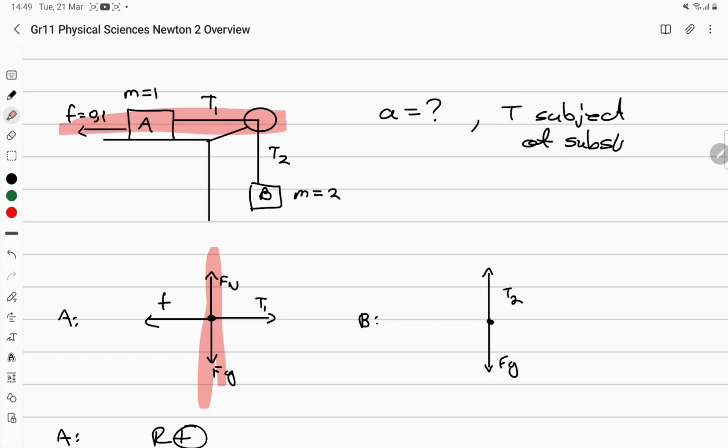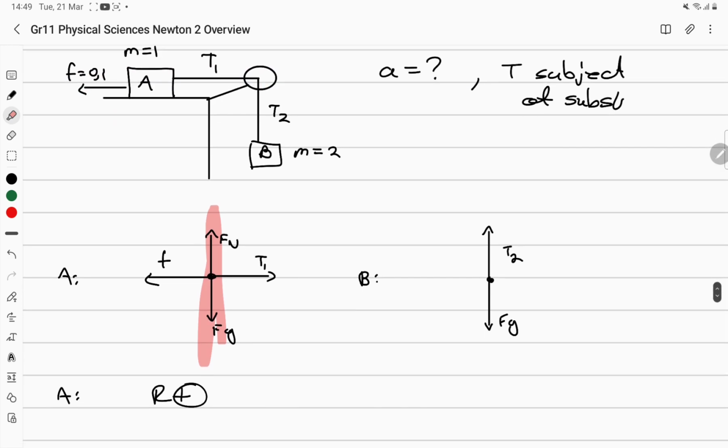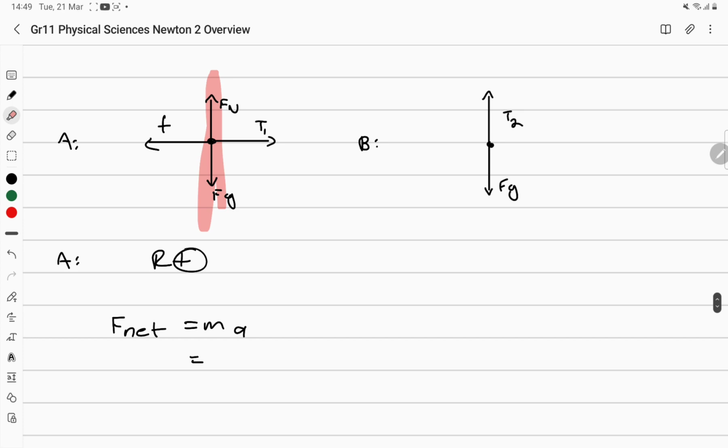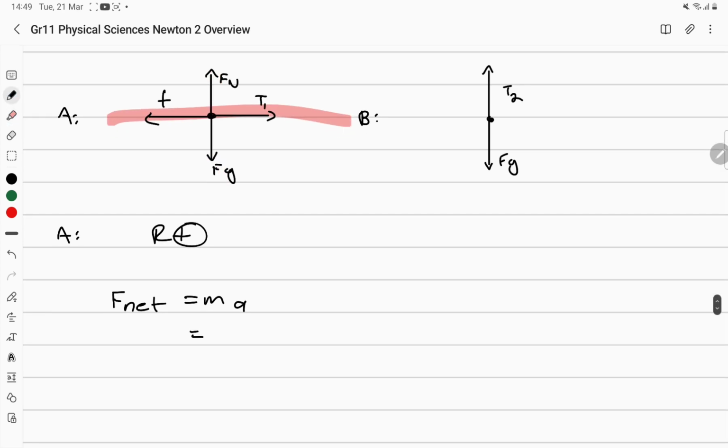No, it's just going left, right. Its movement is in the x-plane or the horizontal plane. So we're just going to look at those in the x-plane, which will be those two. We said right is positive, so we have T1 plus a negative f is equal to ma, or we're just going to say T1 minus f is ma.